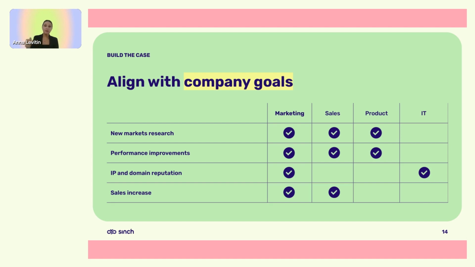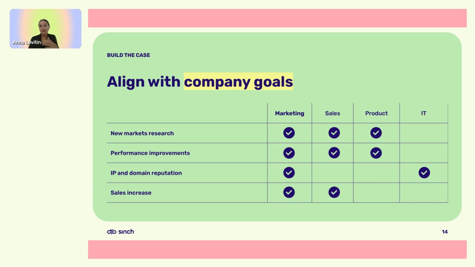Again, it's a sales and product alignment. And even further, if you work directly with IT or the security team, you can say that it can improve deliverability, so it will result in a better reputation for our IP and for our domains.